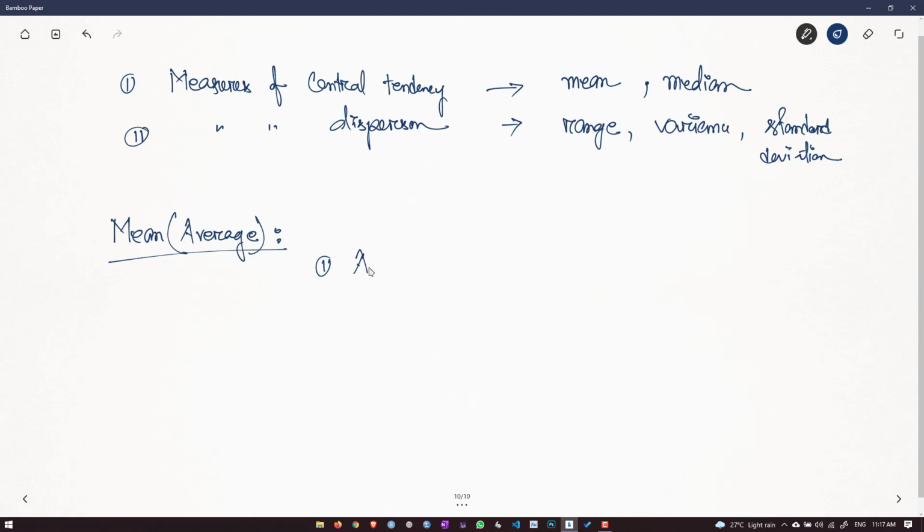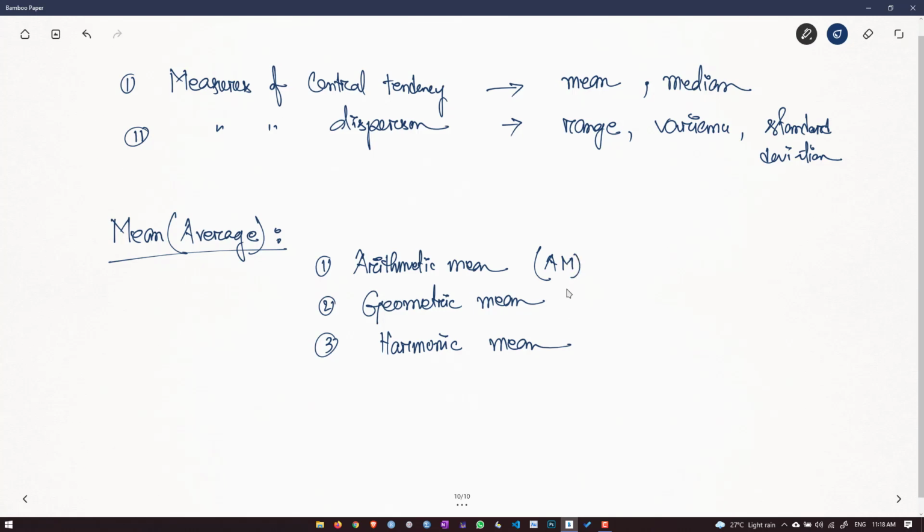One is called arithmetic mean, the next one is called geometric mean, and the third one is called harmonic mean. Right? Arithmetic mean AM, geometric mean, and harmonic mean. So these are three different types of mean.